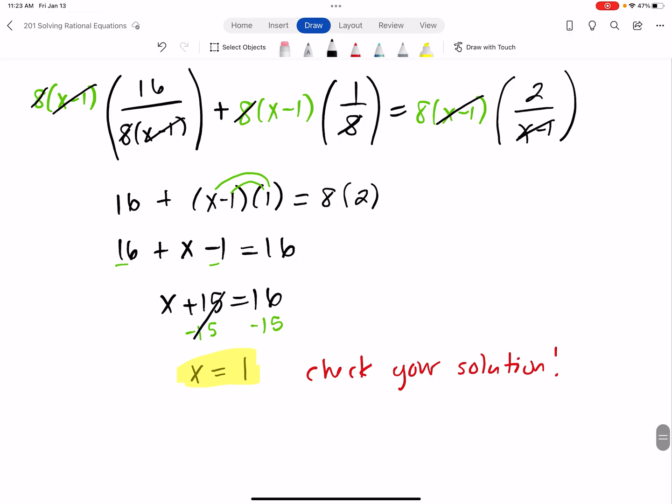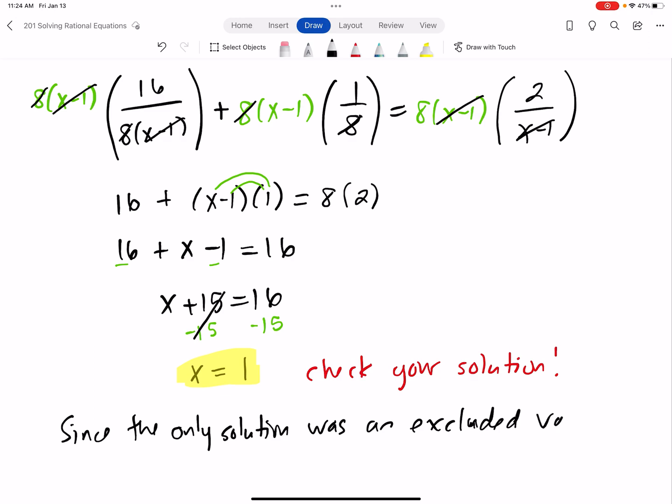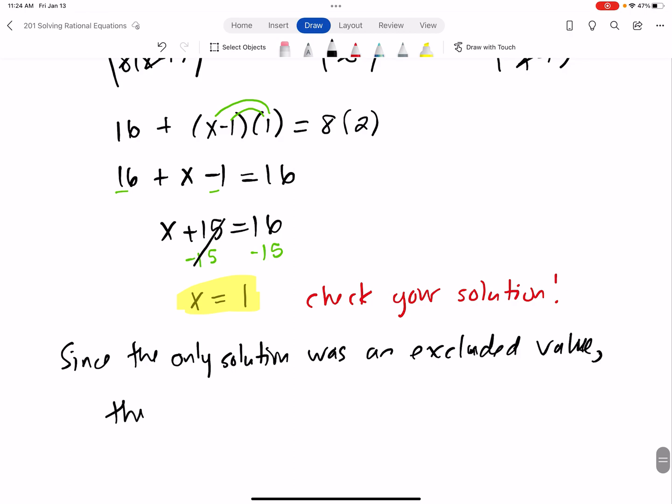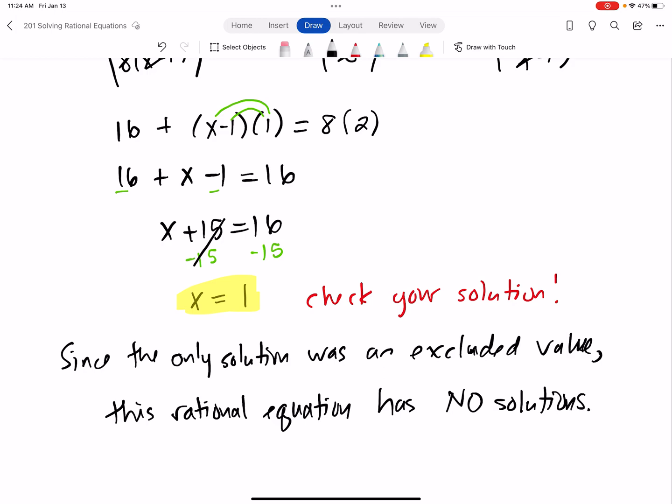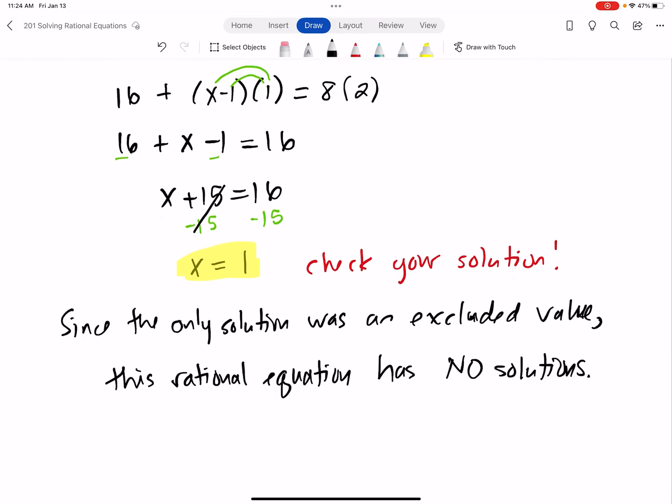So since the only solution was an excluded value, this equation has no solutions. So we could just write no solutions.